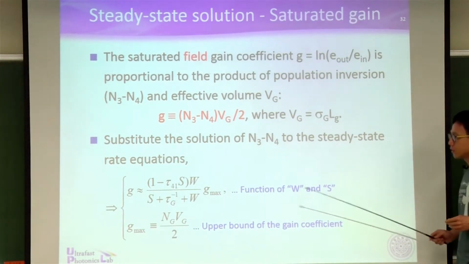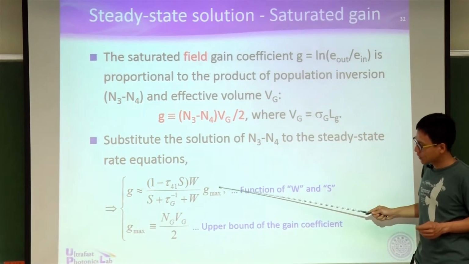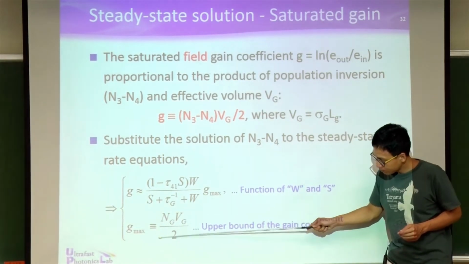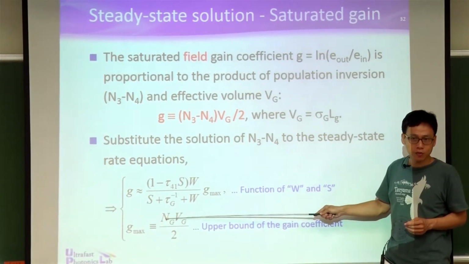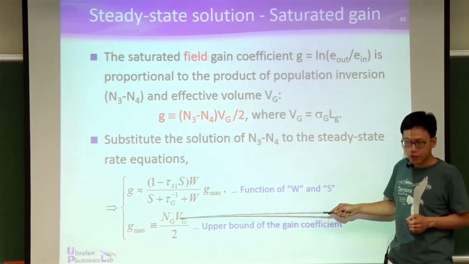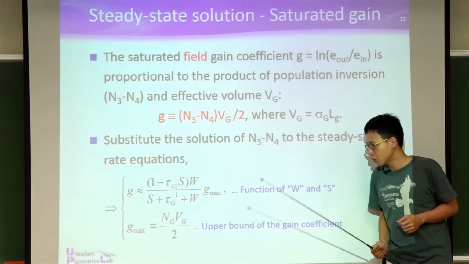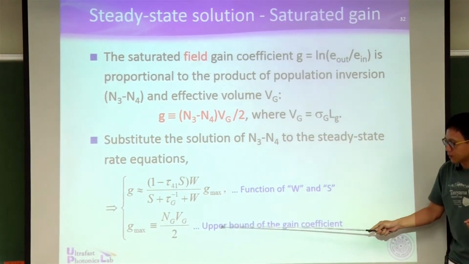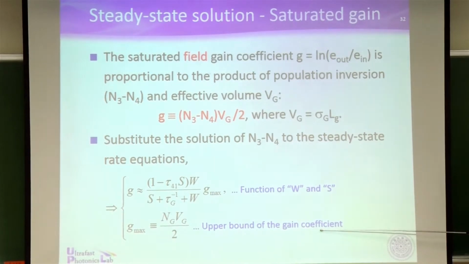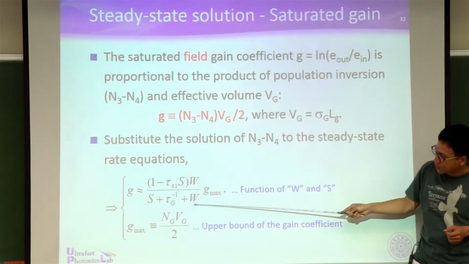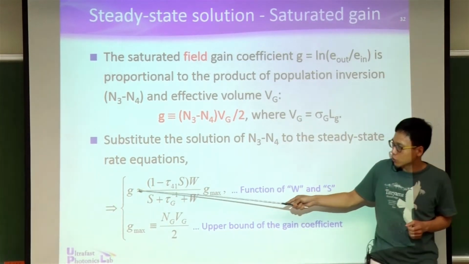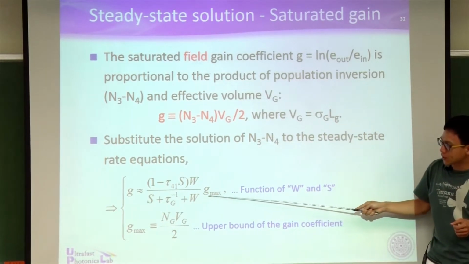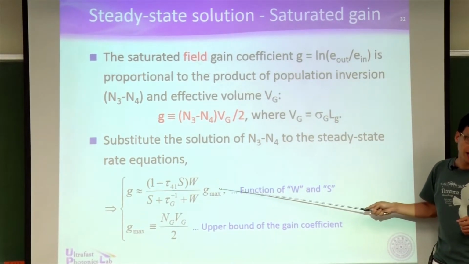Okay. And there is a new quantity G max here, which is equal to total number density of the material, effective volume over constant 2, and it's the upper bound of the gain coefficient. The reason is this number is always smaller than 1, so your gain is always less than the upper bound, G max.